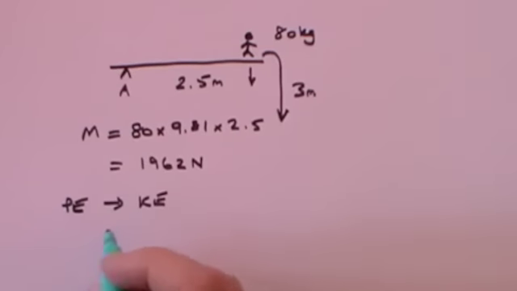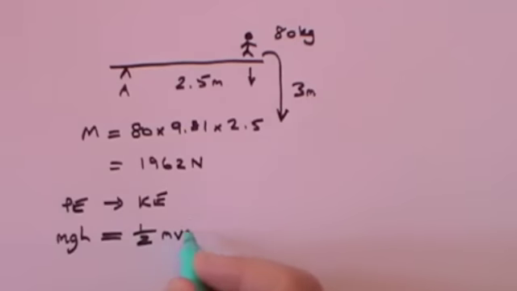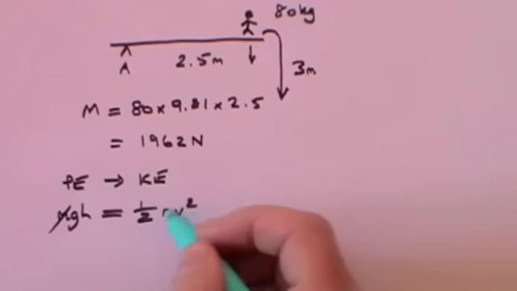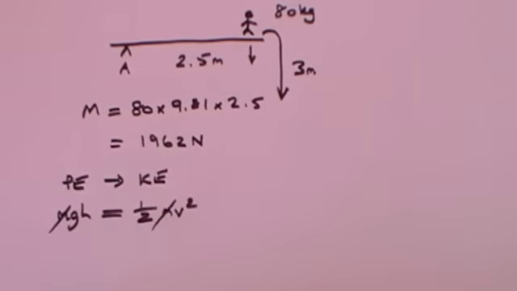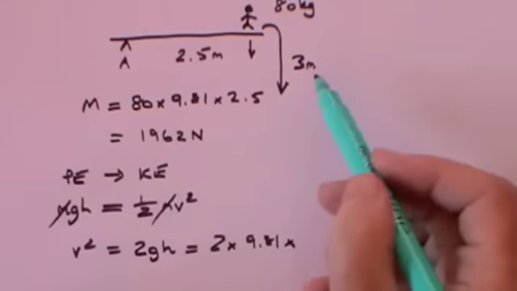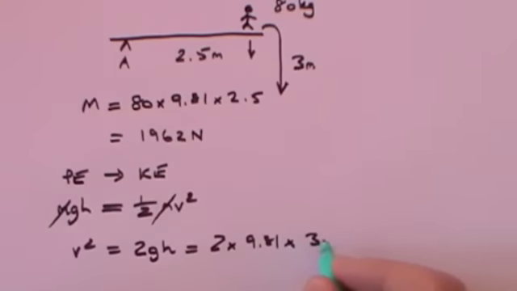Potential energy is mgh, and that is equal to and will become kinetic energy, which is a half mv squared. You'll notice that the m's cancel out, and so you will get that v squared is equal to 2 times g times h, which is 2 times 9.81 times the height, which was 3 meters.